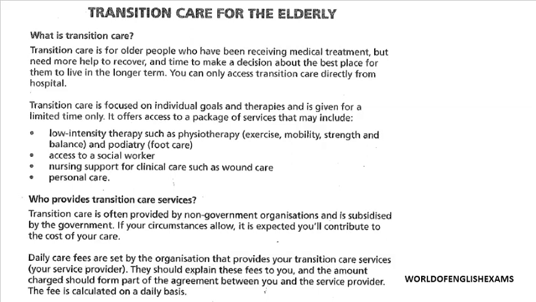The title for this passage says transition care for the elderly. So this has something to do with a care facility that is called transition care, which is meant specifically for the elderly. So here we have various side headings. That is, the first one, what is transition care? Then the second side heading, who provides these transition care services?